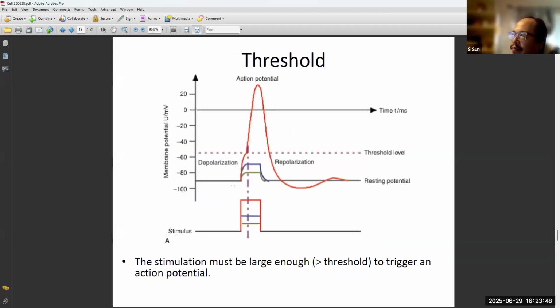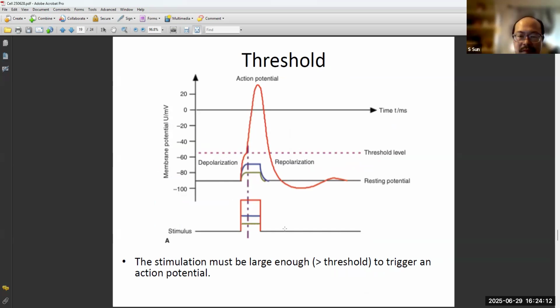You can stimulate it, you can poke it, but if it's not above threshold, it just comes out and back, and it doesn't depolarize. Only when your stimulus is above the threshold do you trigger its depolarization and repolarization.